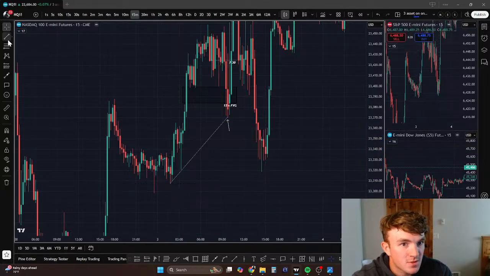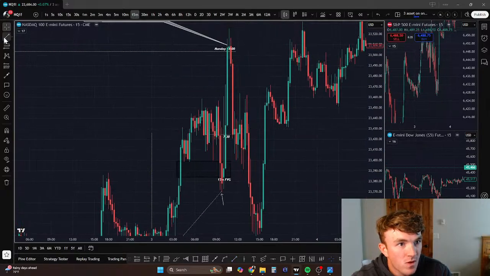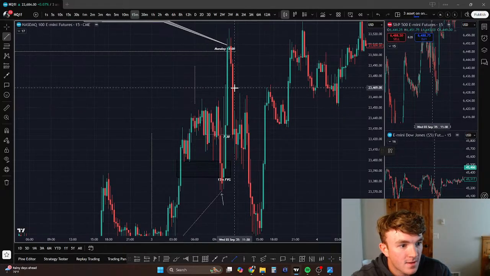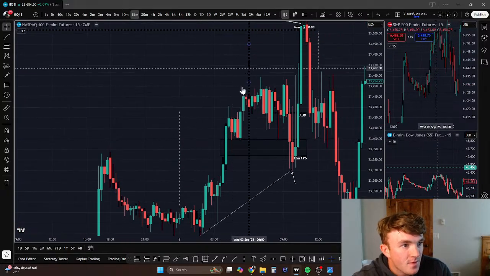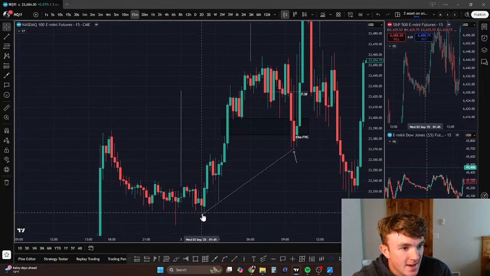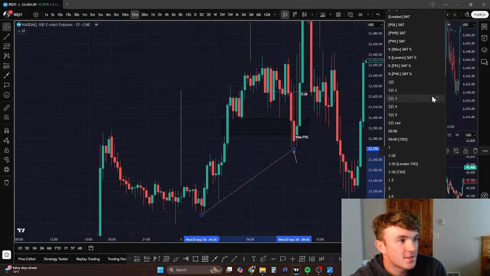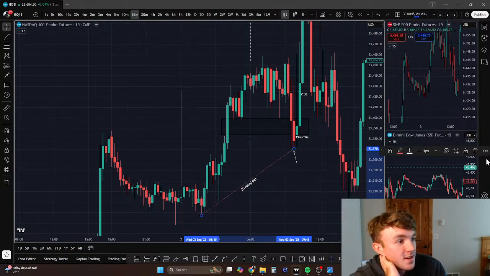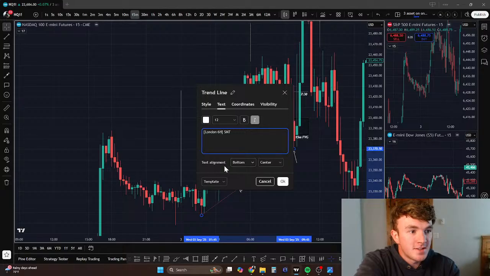So once again, let's draw these out as quarters, right? 0, 6, and 12. This is S&T with a 6-hour low, so London low. So it's a higher probability S&T. So I'm gonna mark this out as London 6-hour S&T.